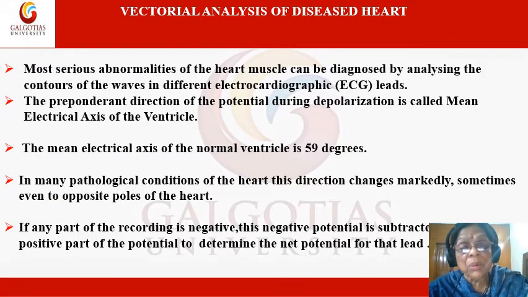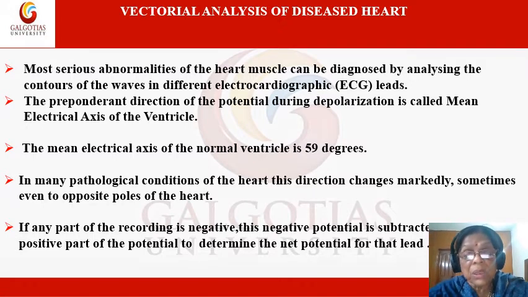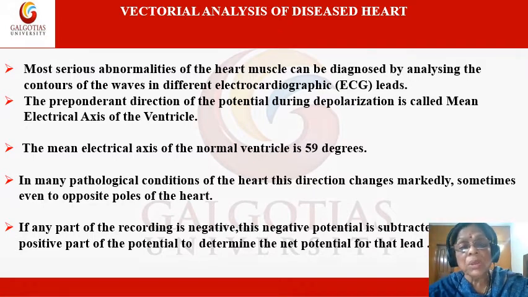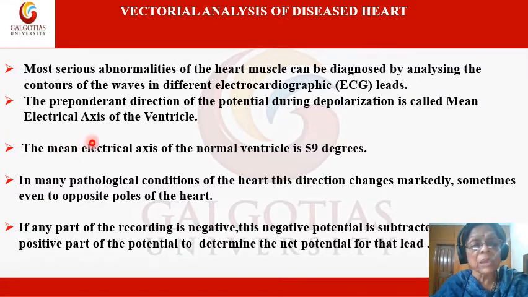Most serious abnormalities of the heart muscles can be diagnosed by analyzing the contours of the waves in different electrocardiographic leads. The preponderant direction of the potential during depolarization is called mean electrical axis of the ventricle.